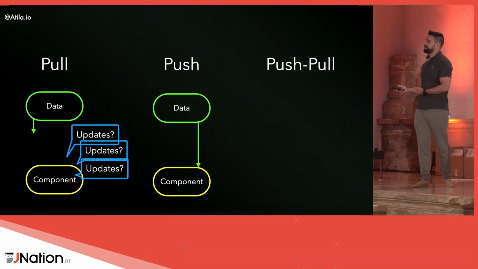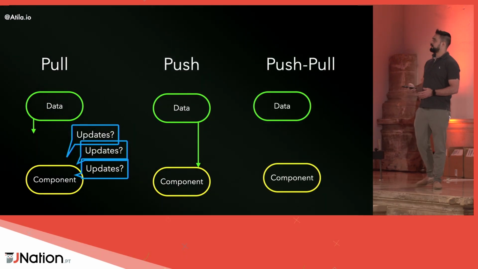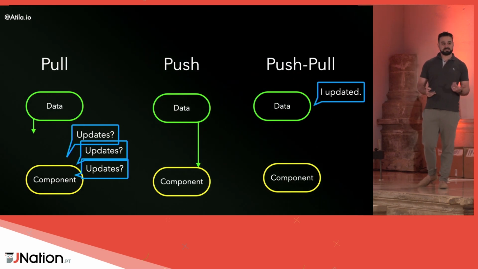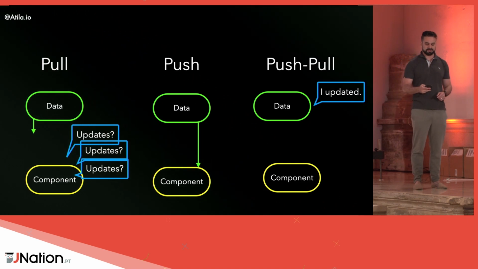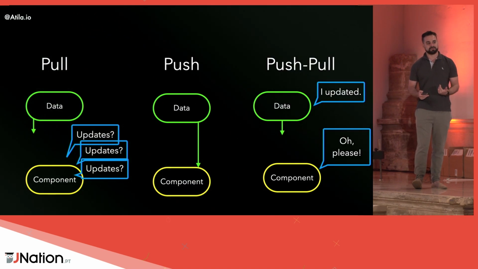And then we have push-then-pull, which is what we do with signals, where you have the component and the data source, and the data source is going to notify the component: I updated, time for you to run your stuff again. Then the component is going to fetch the update when it's ready.